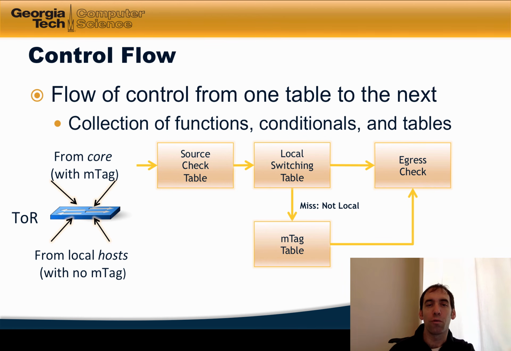The first step in the control flow may be to check the table for the source, and then consult a local switching table to determine whether the destination for the packet is local to the switch or not. If it's not local, the switch might consult the MTAG table to add the appropriate MTAG, and then push the packet to the appropriate egress port.